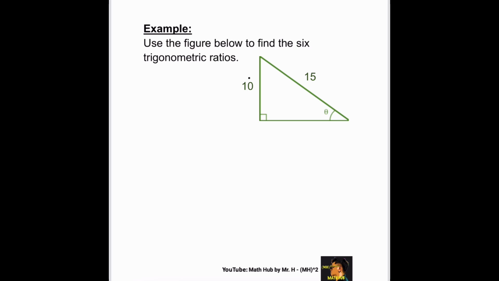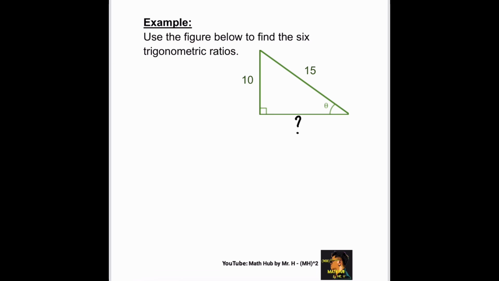This leg measures 10, while the hypotenuse measures 15. And here is the theta. And if you notice, we're missing the length of another leg, which is this one.